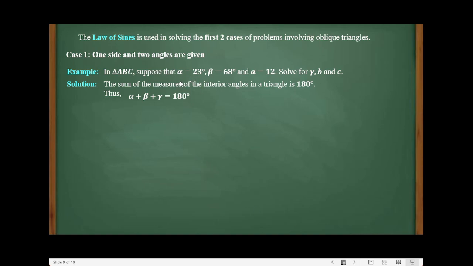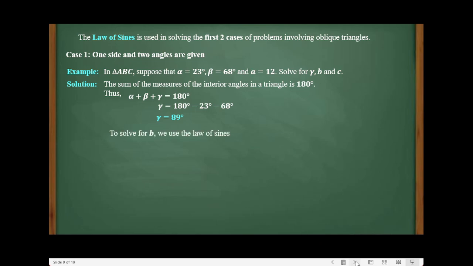Or we could sum up the measures of all interior angles and equate it to 180 degrees. From here, we plug in the values of alpha and beta and then solve the resulting equation for the unknown angle gamma. And from this solution, angle gamma is 89 degrees. Okay?